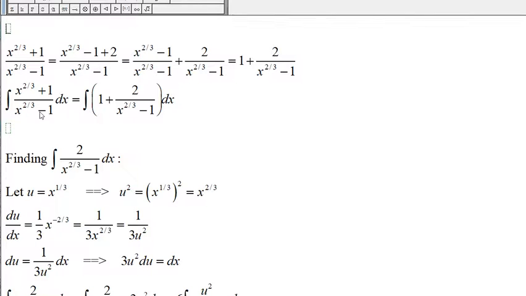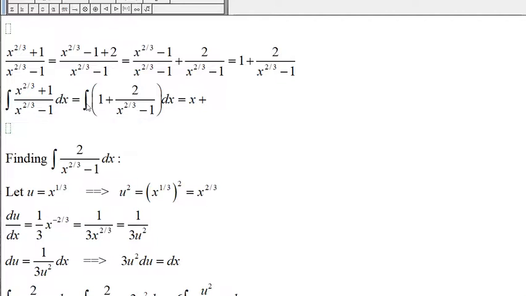So the original integral becomes the integral of 1 plus 2 over (x^(2/3) - 1). The integral of 1 is just x.